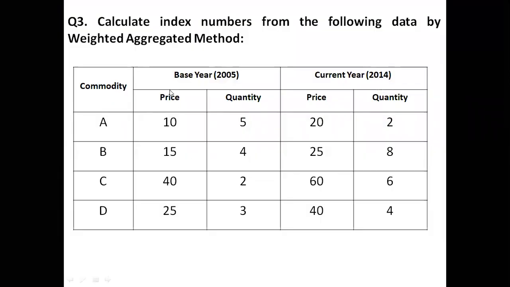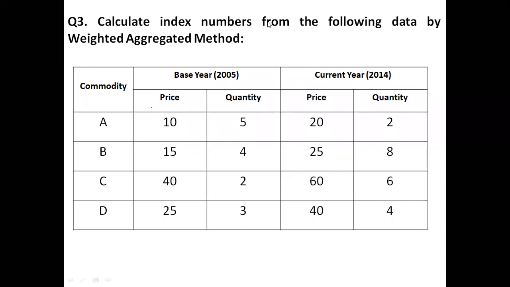The question is: calculate index numbers from the following data by the weighted aggregate method. As we can see, base year prices and quantities are given, and current year prices and quantities are given. Based on that, we need to apply the various formulas under the weighted aggregate method.